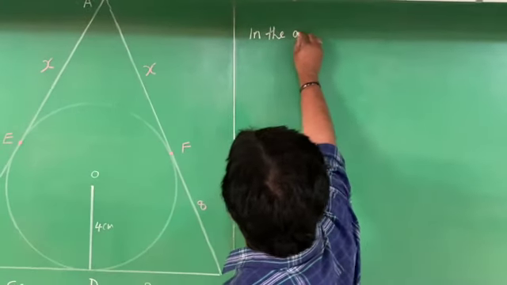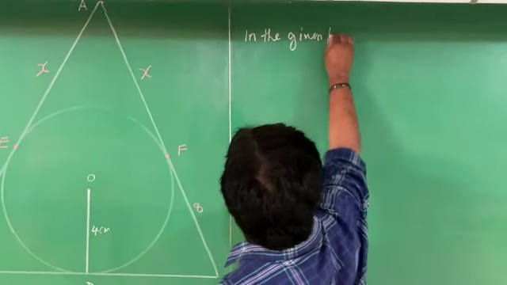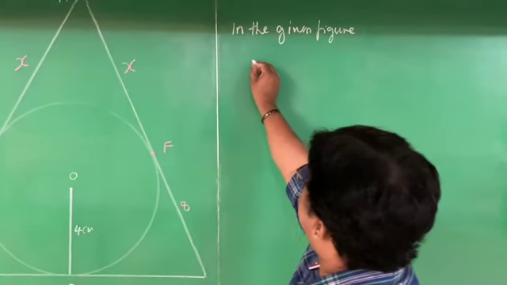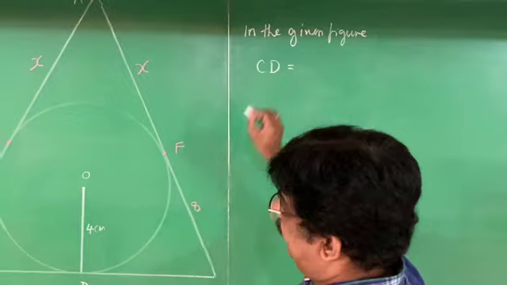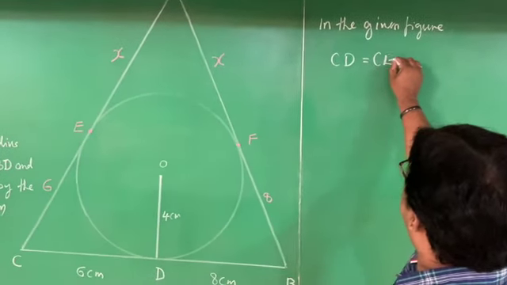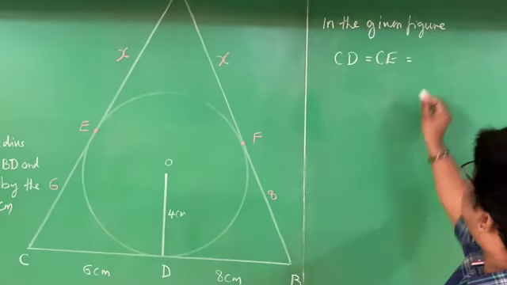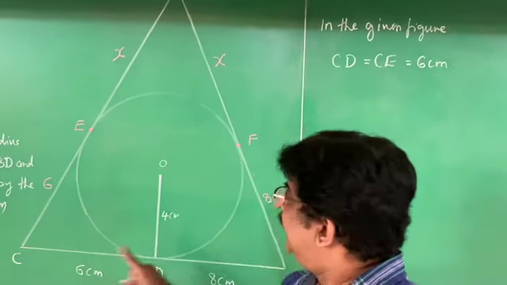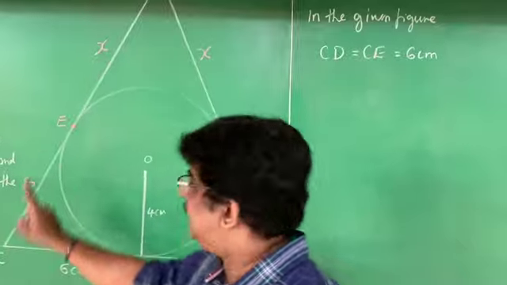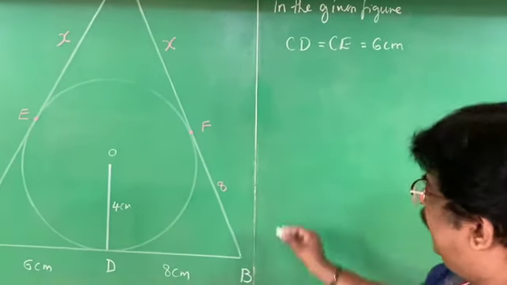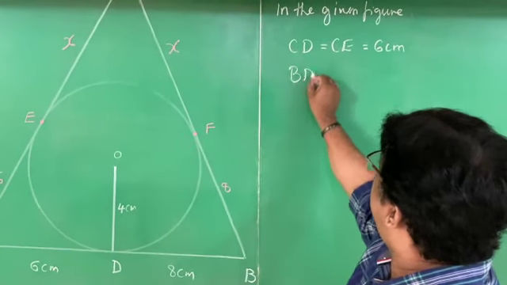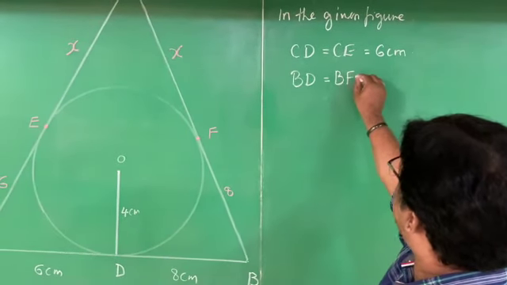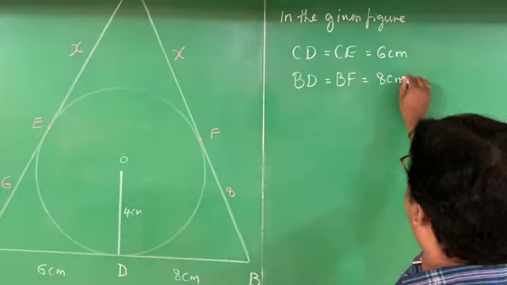In the given figure, CD is equal to CE is equal to 6 centimeter, right? CD is equal to CE is equal to 6 centimeter. Similarly, BD is equal to BF is equal to 8 centimeter.